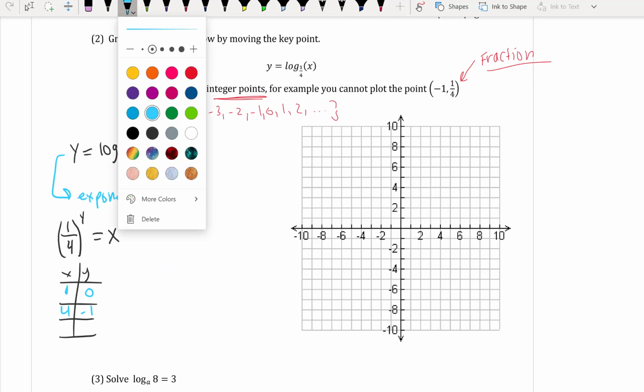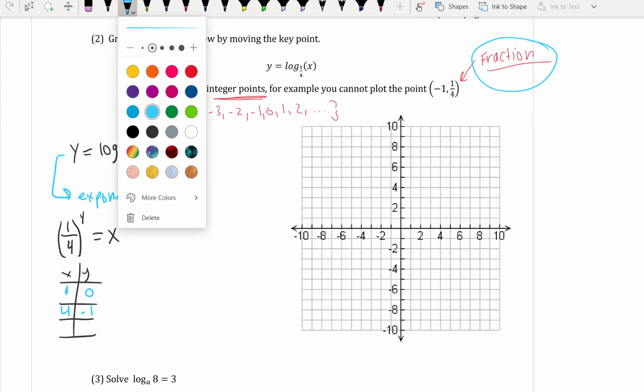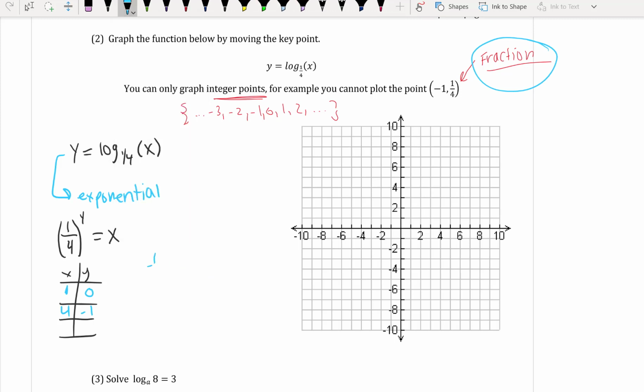Notice that if I had tried to plug in, let's say, 1/4 to a +1 power, then I get a 1/4, but it specifically says you don't want a fraction. So I'm going to be plugging in negative numbers. So let's try, let's say, 1/4 to the -2 power. Well, 1/4 to the negative 2 power is going to give me a positive 16.